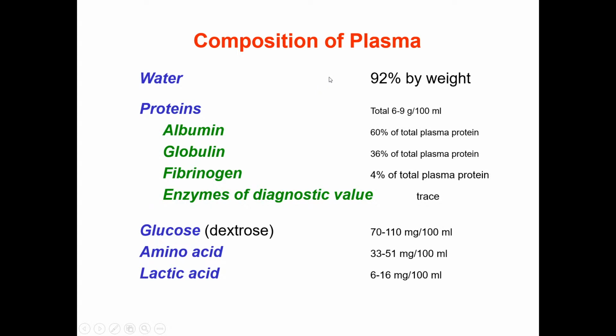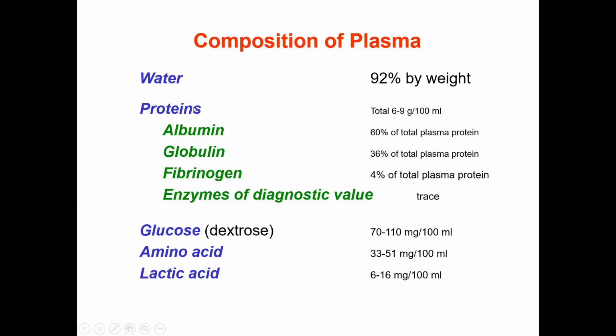Now, if we compare the plasma composition, the plasma, which is the 55% component of the blood volume, is made up of 92% water. Keep in mind, 92% of plasma is contributed by water, whereas the solid portions contribute only 8%.